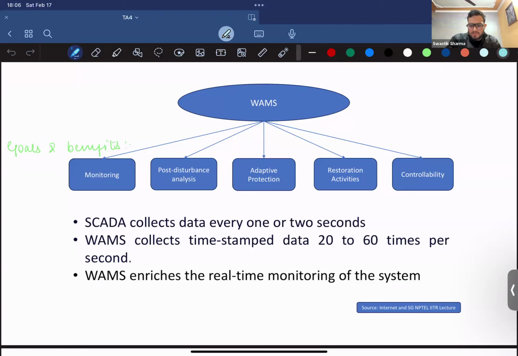There's a term used mostly in economics called value of lost load. It's given in dollars per megawatt hour. It tells you the value associated with the lost load due to blackouts, brownouts, etc.